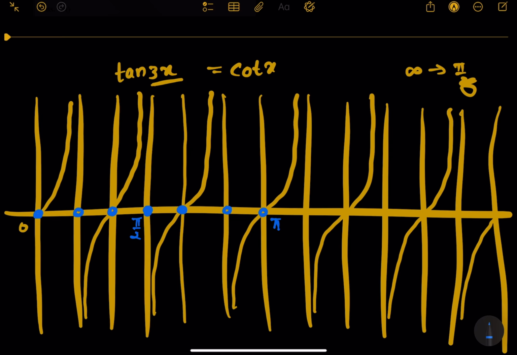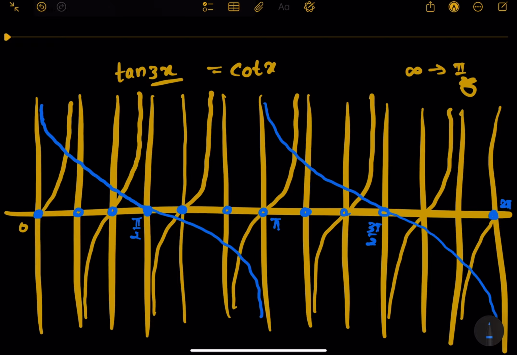This is pi, this is 3 pi by 2, and this is 2 pi. So cot x starts at infinite at 0, goes to 0 at pi by 2 and minus infinite at pi, and again it repeats the same way.